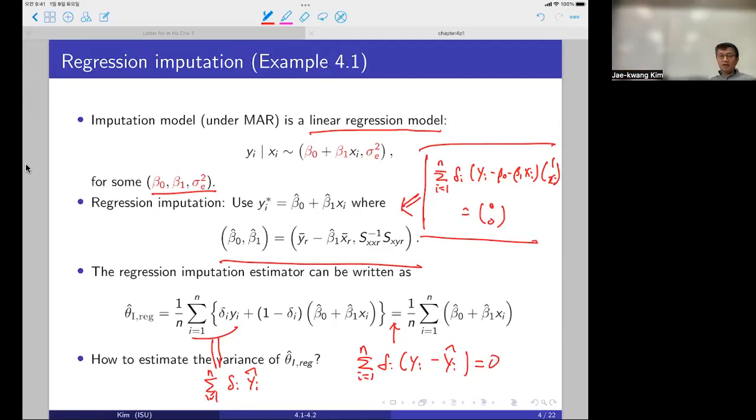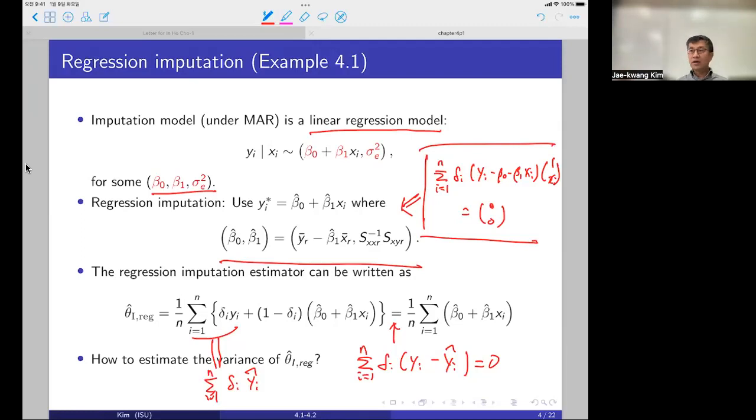And now the main topic of chapter 4 is how to make an inference. So this is just a point estimation. We statisticians are not satisfied with just the point estimation. We are interested in inference.